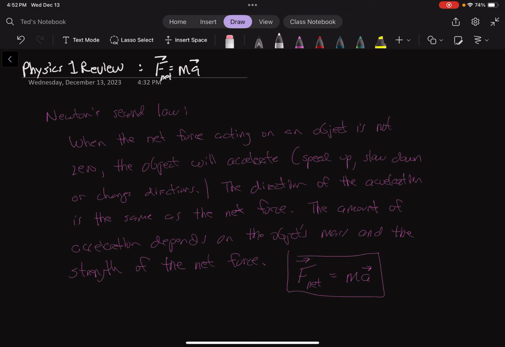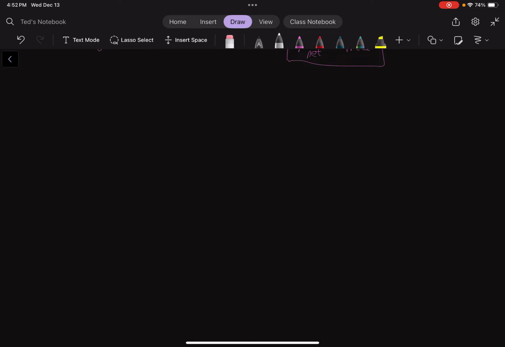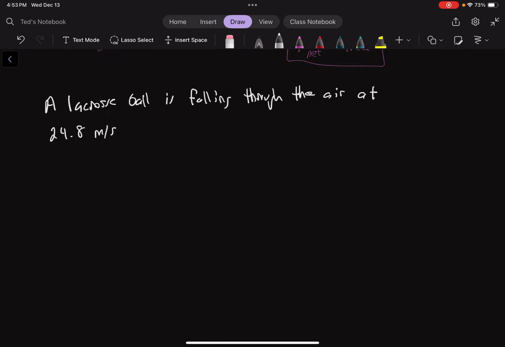So this problem shows up anytime we've got forces acting on an object and we want to know the acceleration, or we know the acceleration on an object and we want to know how strong the forces are that are acting on it. So let's say that a lacrosse ball is falling through the air at 24.8 meters per second, which, by the way, is pretty fast.